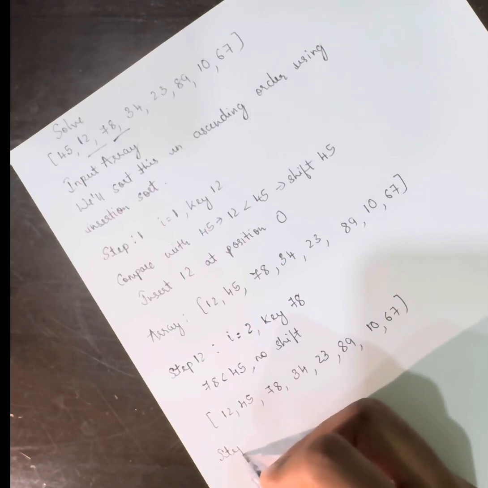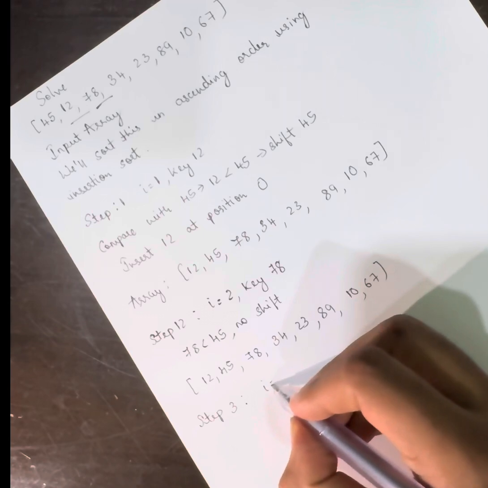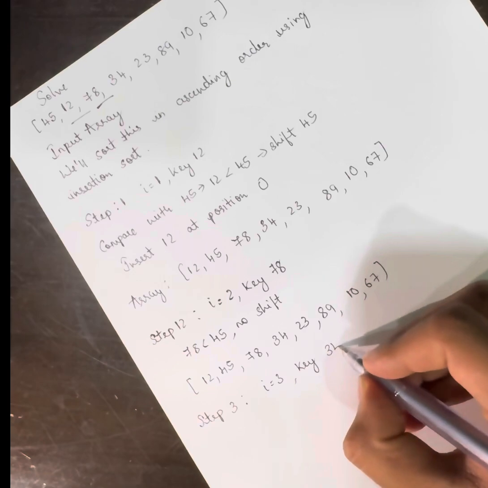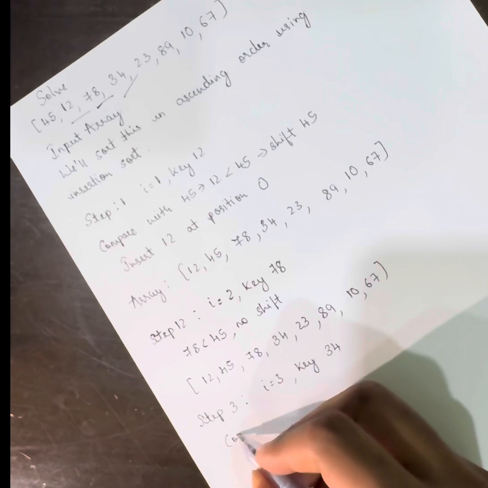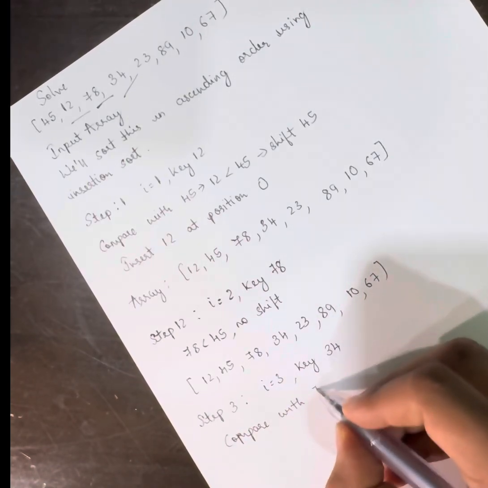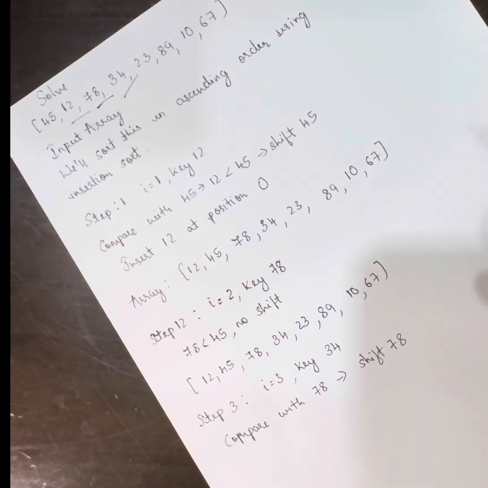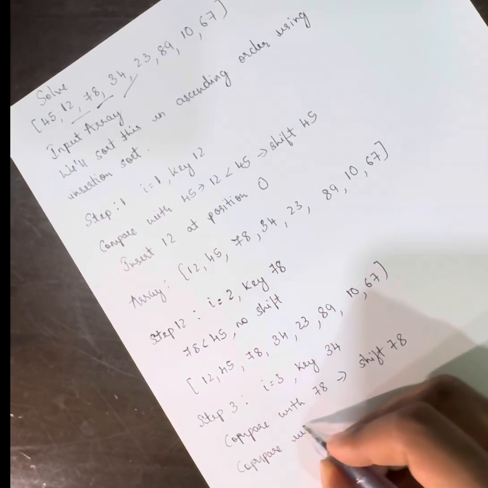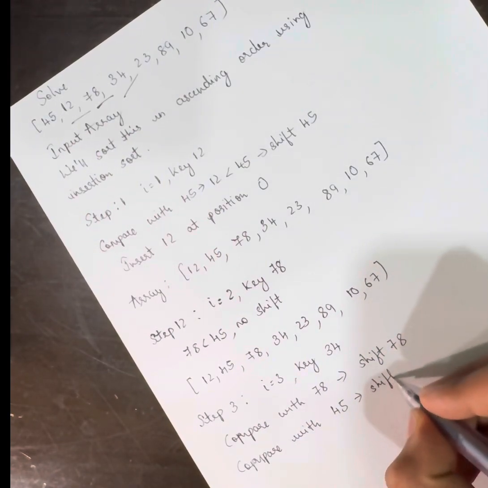Step 3 will be i is equal to 3 and key is 34. Compare with 78. Shift 78. Compare with 45. Shift 45.